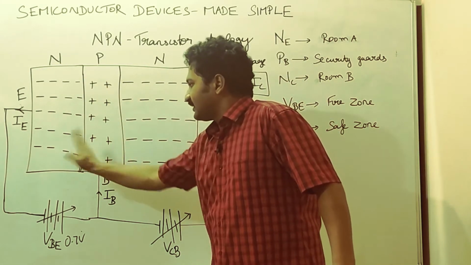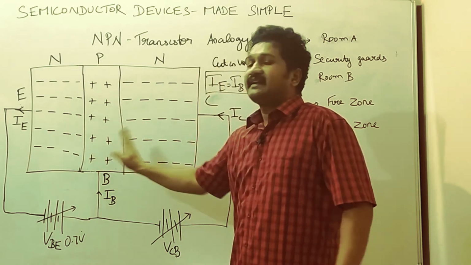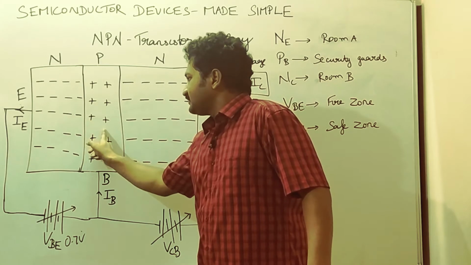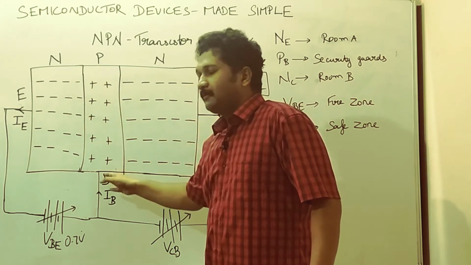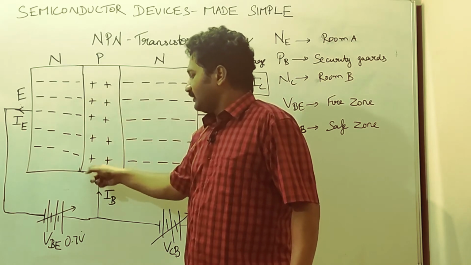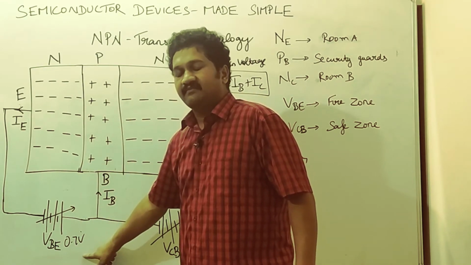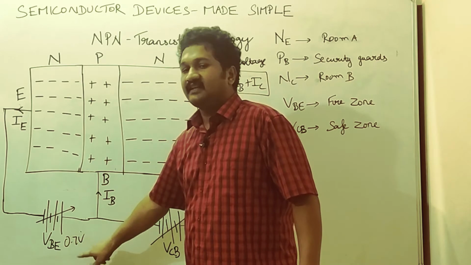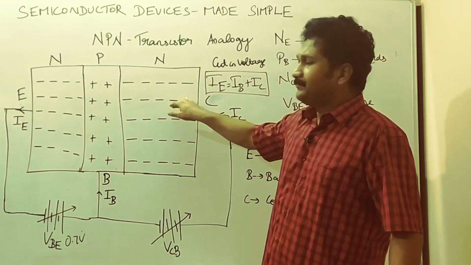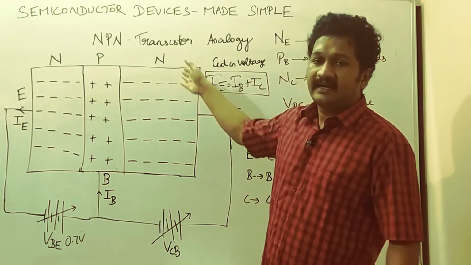This is a PN junction diode; an NPN transistor is PN junction diodes connected back to back. In this one PN junction diode, some amount of recombination takes place, and the barrier is broken by the application of 0.7 volts, the barrier potential of a silicon diode. Then the electrons move to the N region and start accumulating here.